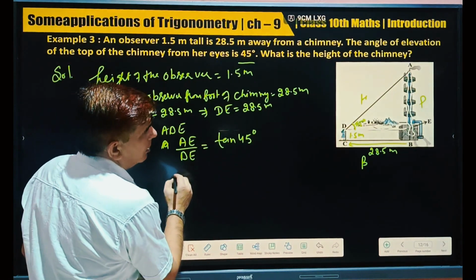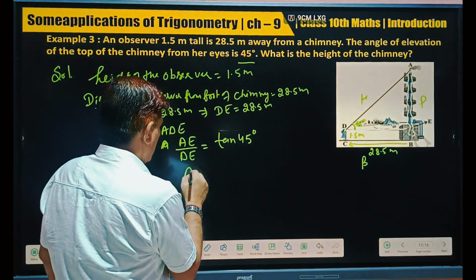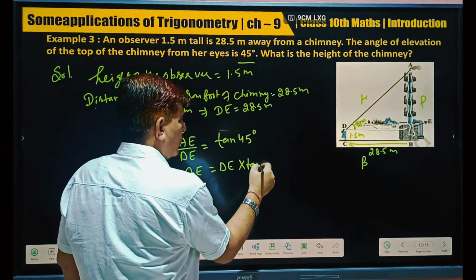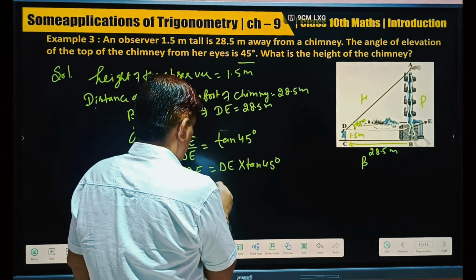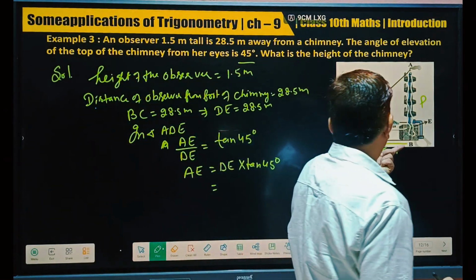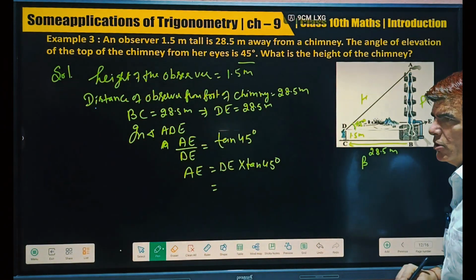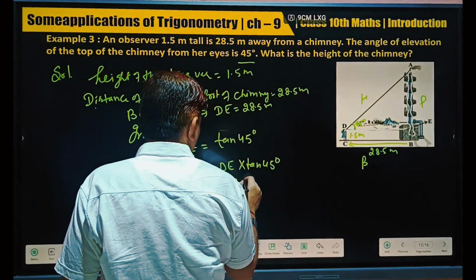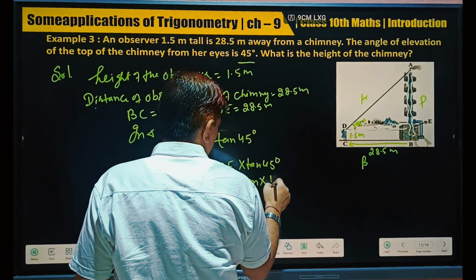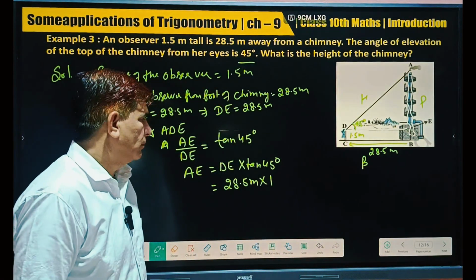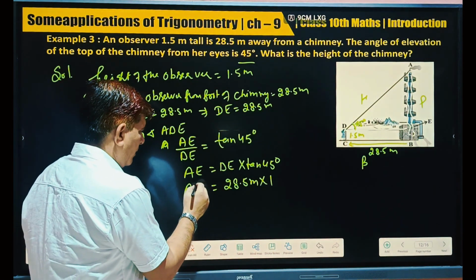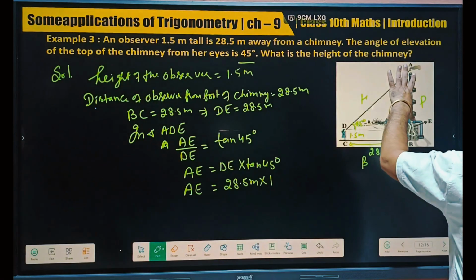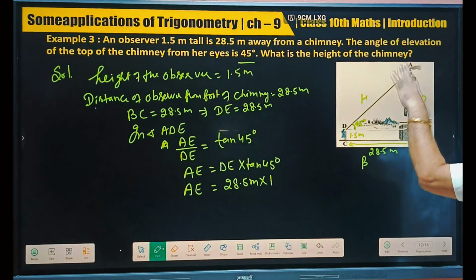So AE equals DE into tangent 45 degree. DE equals BC, so how much? 28.5 meter, and tangent 45 is 1. So what's your AE? This height till here of the chimney is how much?